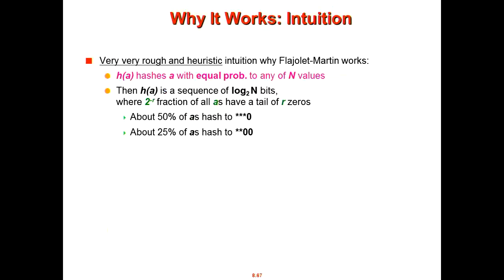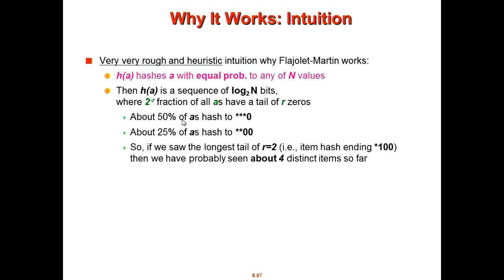The reason is that about 1/2 of the elements are hashed to 1 tailing zero, about 1/4 to 2 tailing zeros, and 1/8 of the elements to 3 tailing zeros, right?